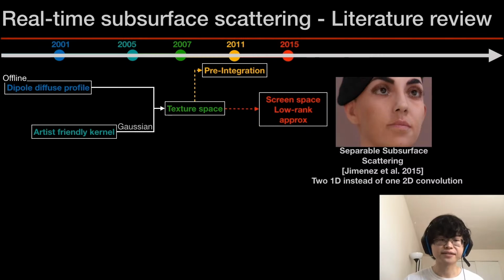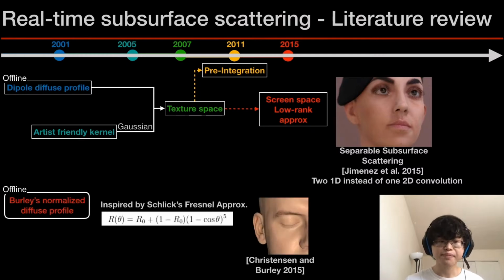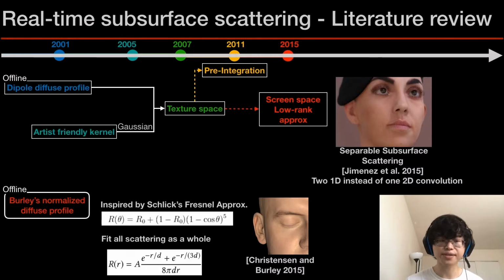In 2015, the work by Jimenez and his colleagues introduced low-rank approximation in screen space to further accelerate realistic real-time subsurface scattering. In the meanwhile, inspired by Schlick's Fresnel approximation, Christensen and Burley proposed Burley's normalized diffuse profile that fits all scattering parameters as a whole, which is more accurate than the Gaussian approximation of the dipole.